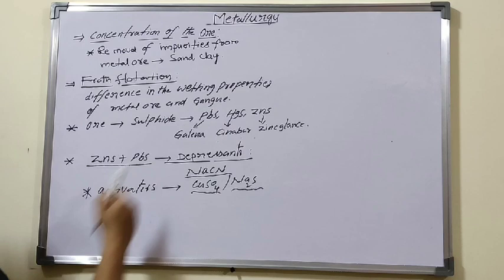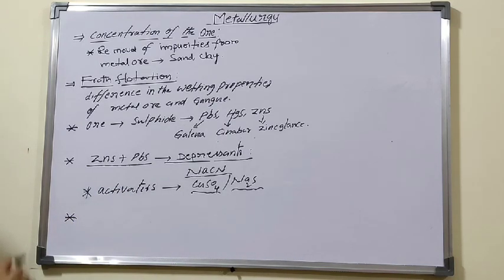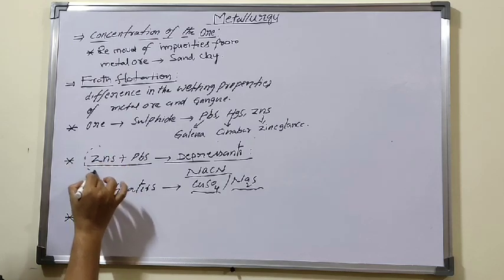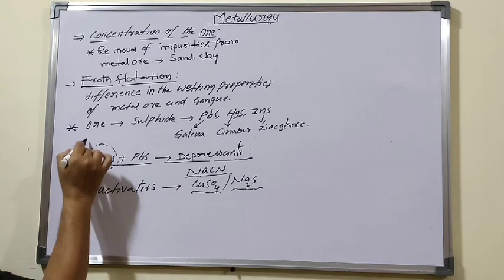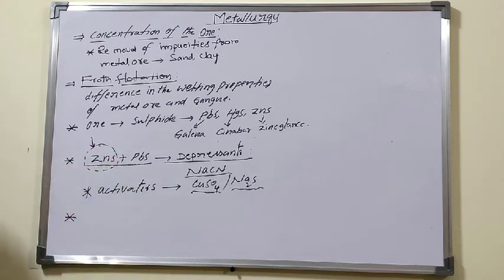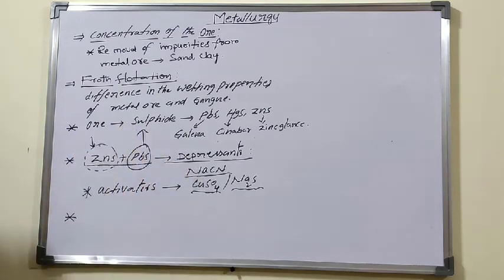What this will do is stop the impurities. For example, zinc sulfide is the impurity. How can we know? Which is less in amount is the impurity, which is more in amount is the ore.